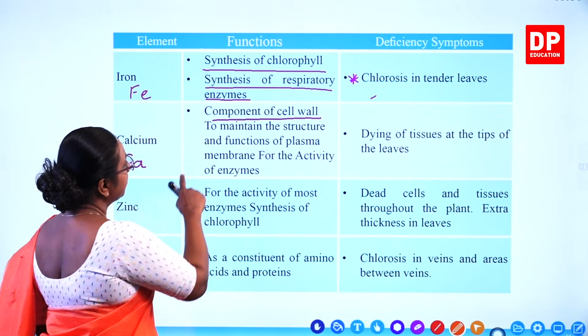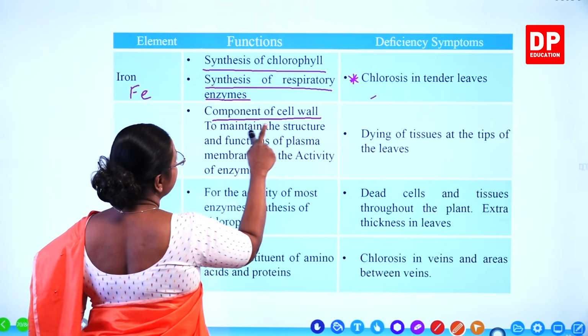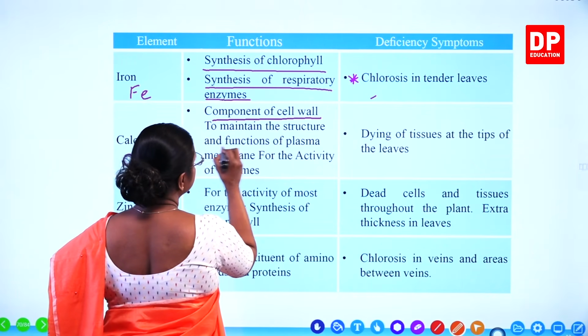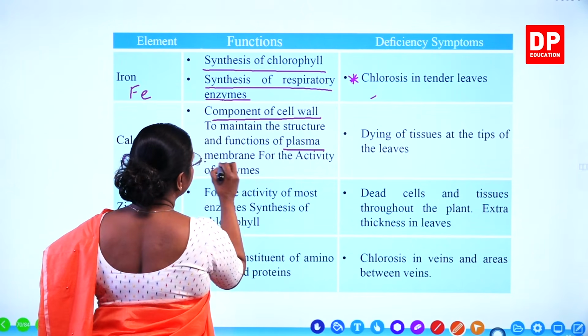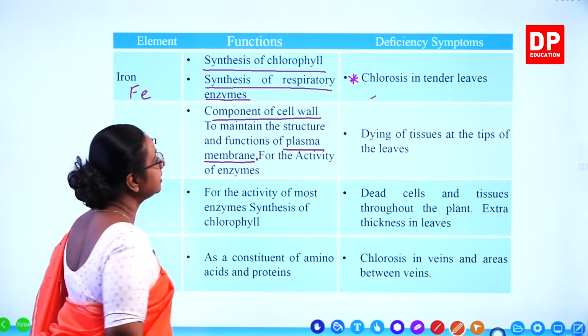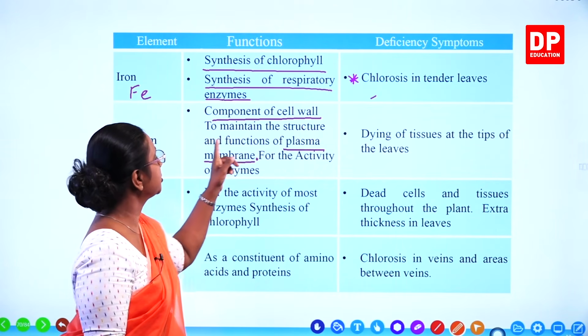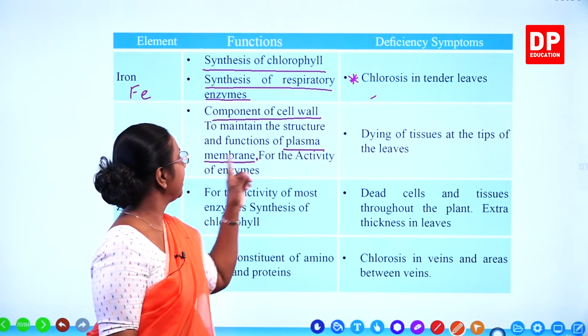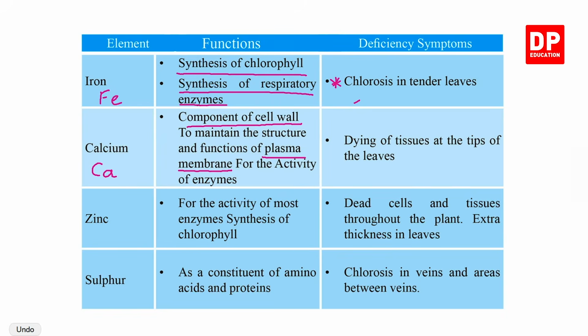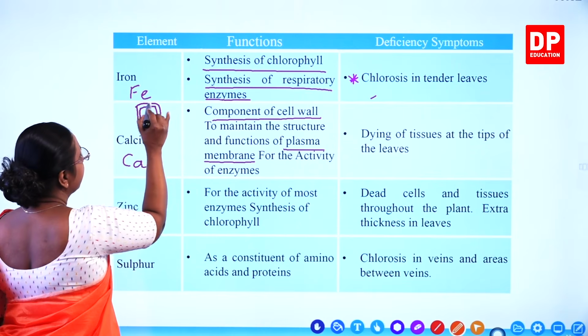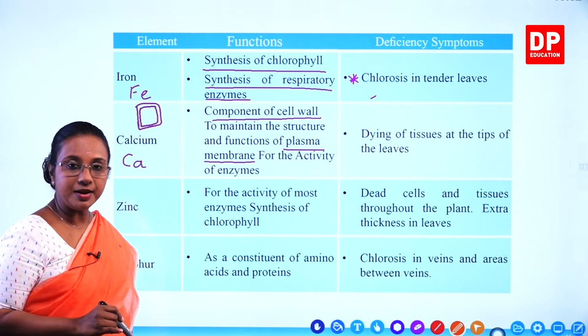The second importance is to maintain the structure and function of plasma membrane. If we take a plant cell, this will be the shape. Outside is the cell wall and inside we have the cell membrane.